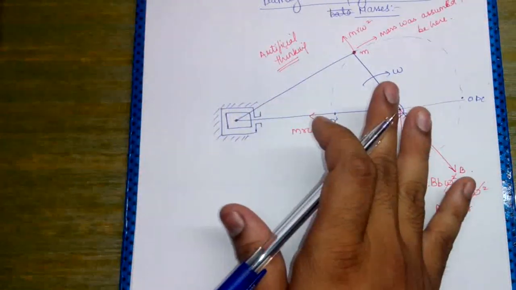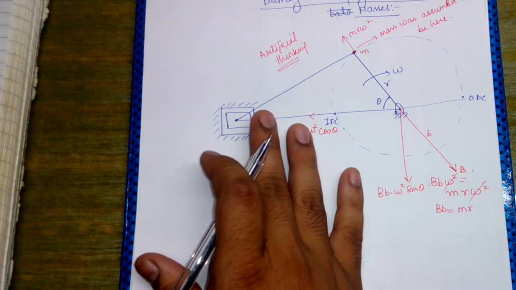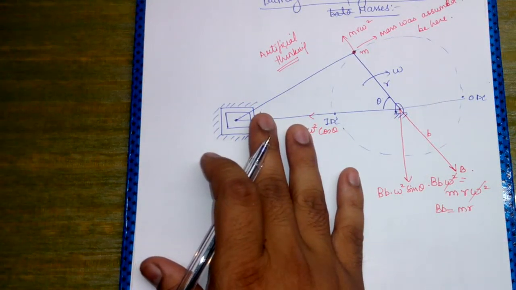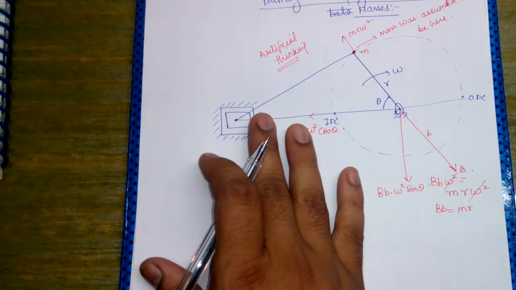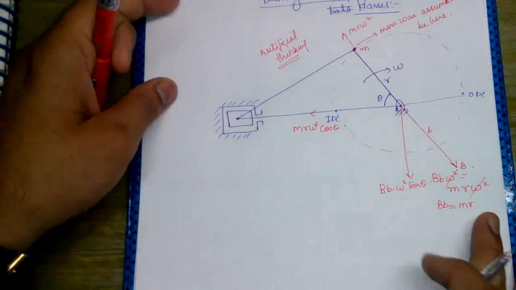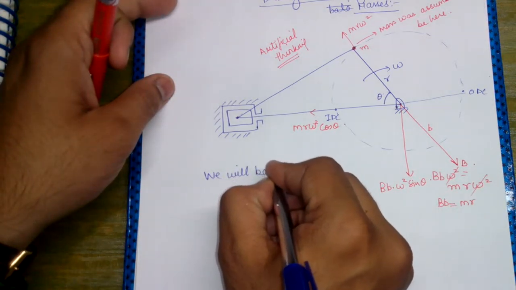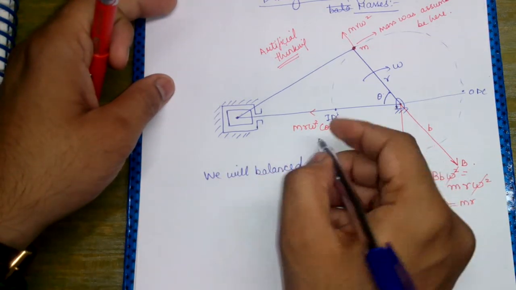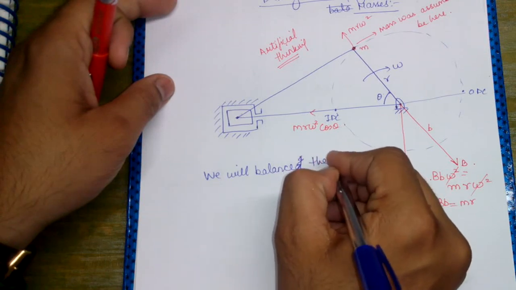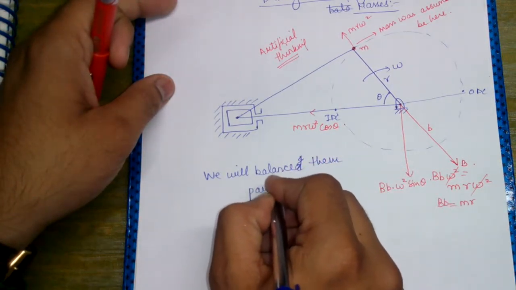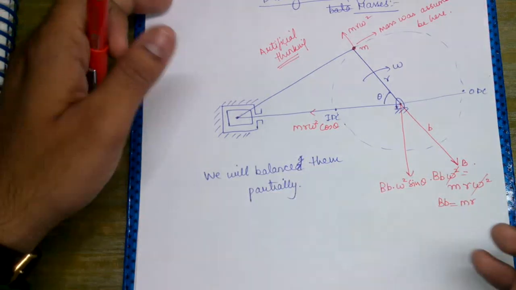We will only balance a portion of the reciprocating masses. We will balance them partially.